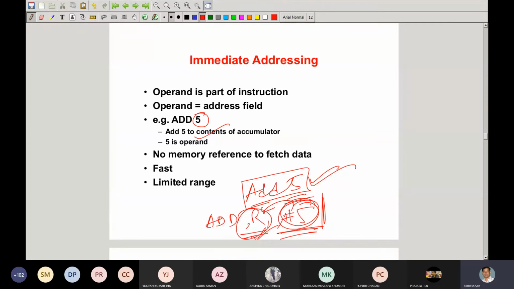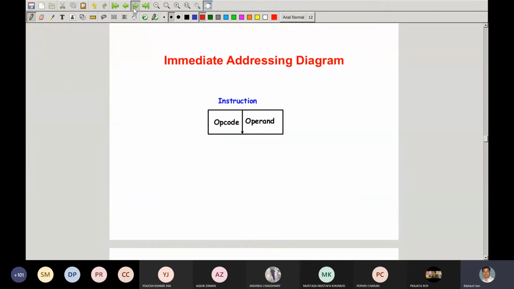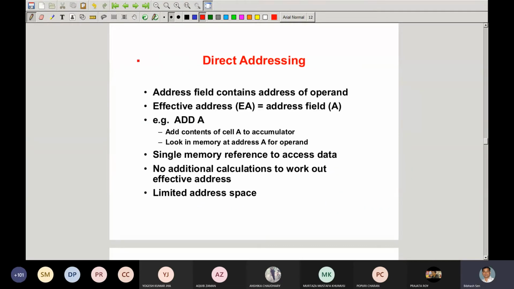So it limits the memory reference, the range is limited, but it's very fast because the effective address is calculated directly, or the memory location is directly encompassed. So this is the immediate addressing.